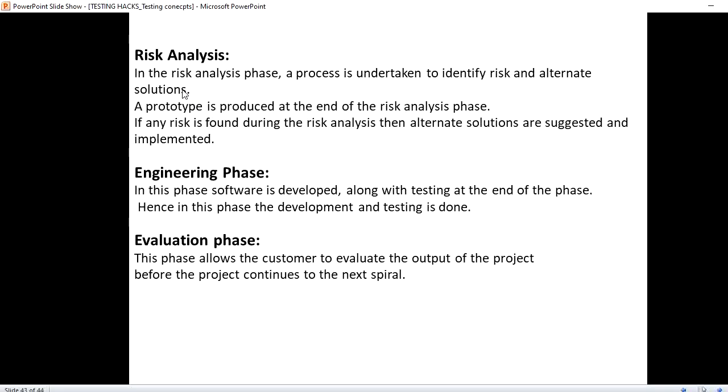As we mentioned, a dummy model will be produced. If any risk is found during the risk analysis, then alternate solutions are suggested and implemented. In the engineering phase, the software will be developed and the testing will be done. In evaluation, the customer gives the feedback.